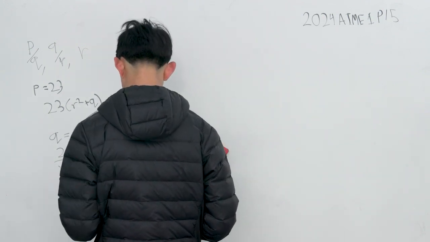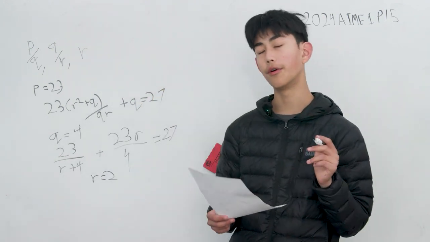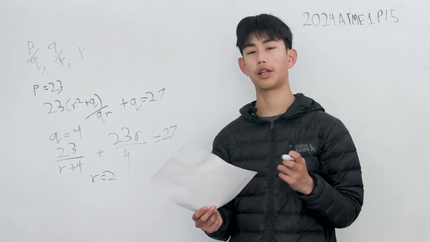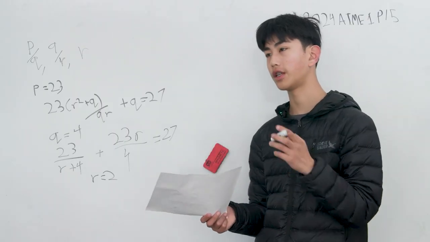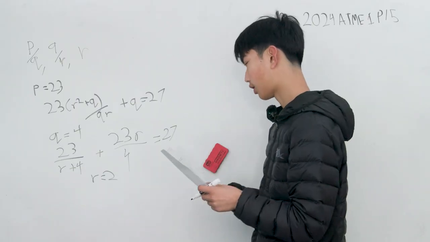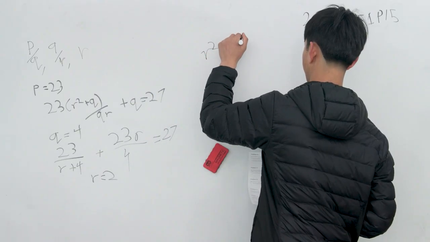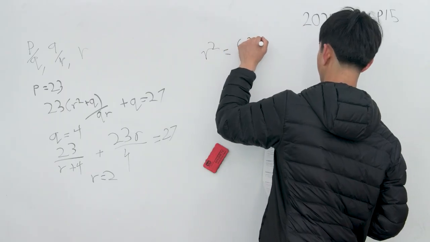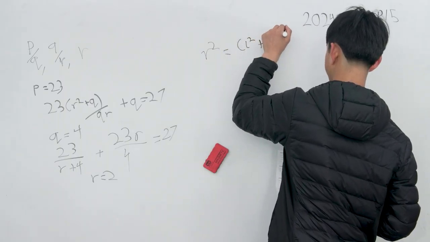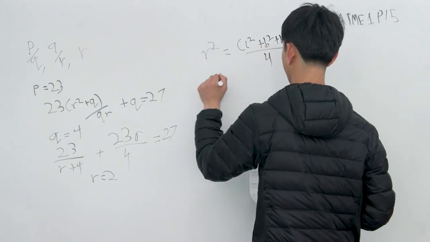R equals 2. Now, for a cuboid inscribed in a sphere, the radius is half of the diagonal. So R squared is equal to, in parentheses, L squared plus W squared plus H squared, over 4.